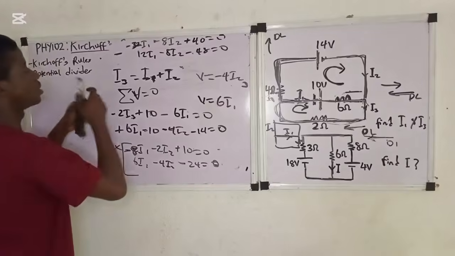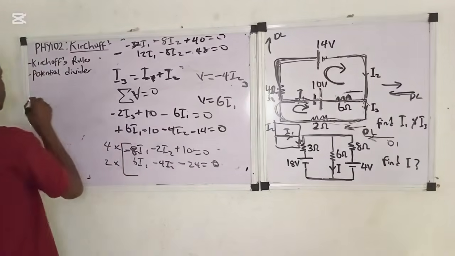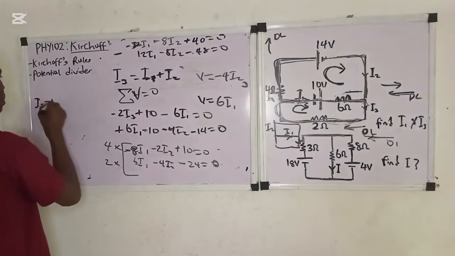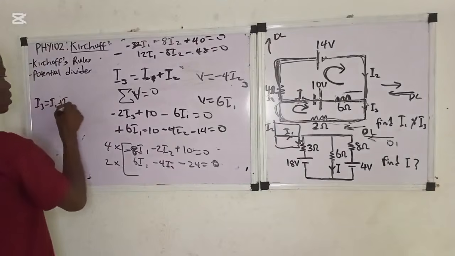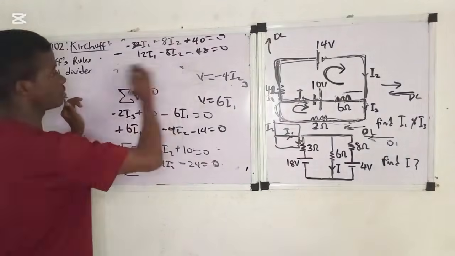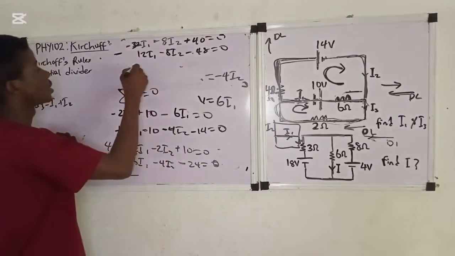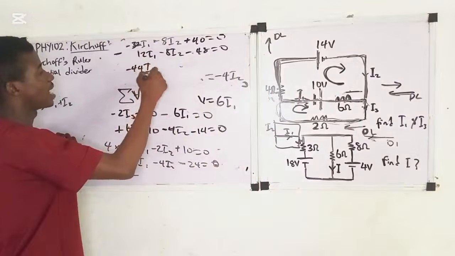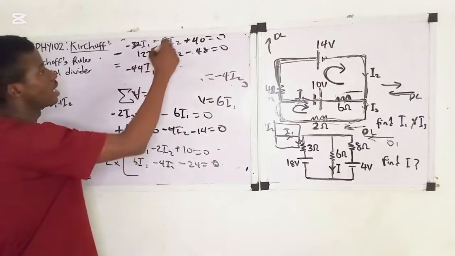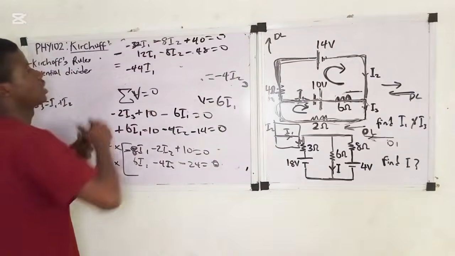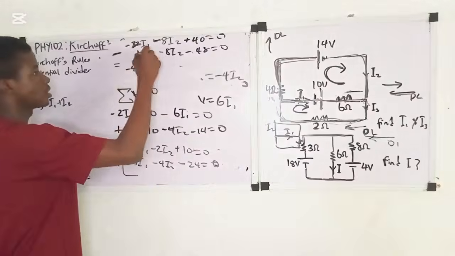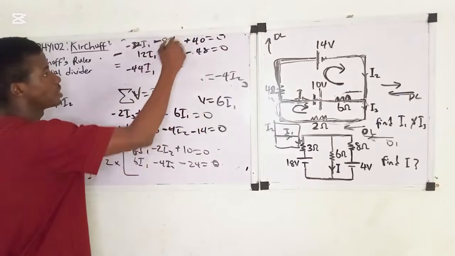So that is minus 44 I1, right? Then minus 8 I2 minus minus 8 I2 will give us 0, right?